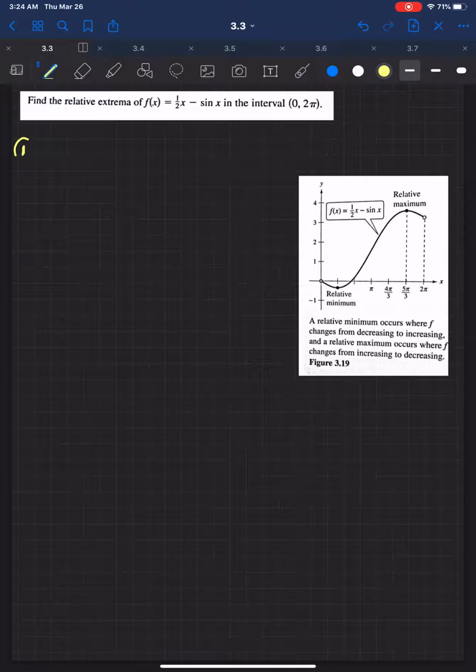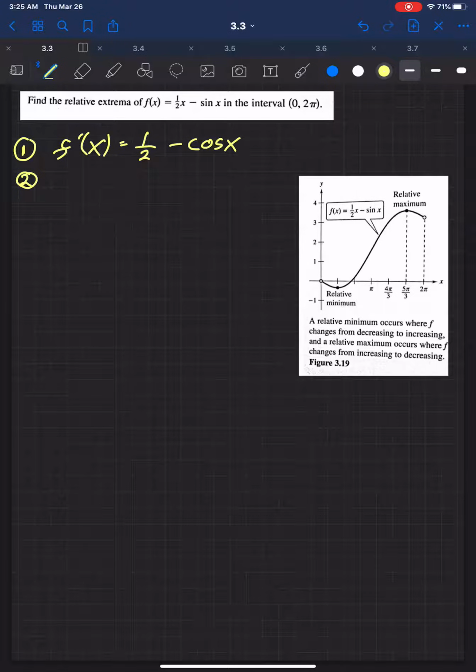The first step in this process is going to be to take the derivative. All right, how about we make a statement? When in doubt in a calculus class, take a derivative. How's that? So the derivative of 1/2 x minus sine of x is simply 1/2 minus cosine of x. Okay, so step 1 is done. Now step 2.